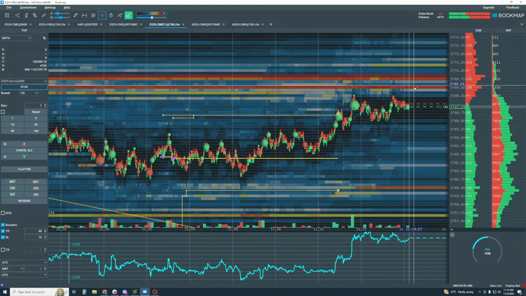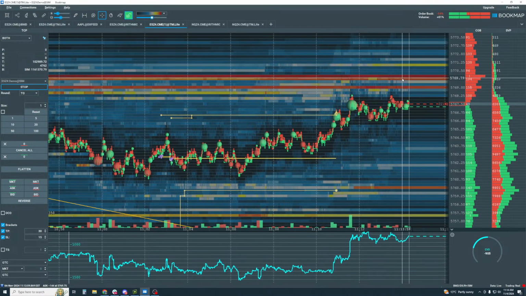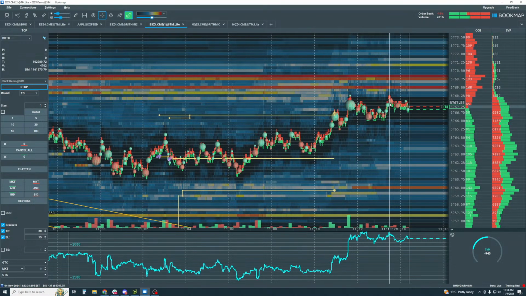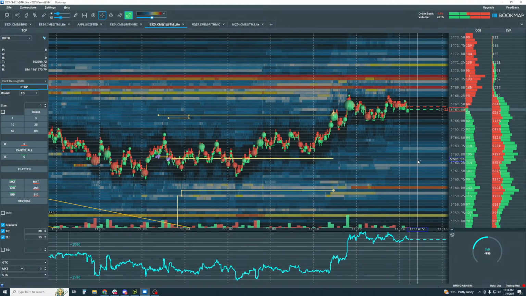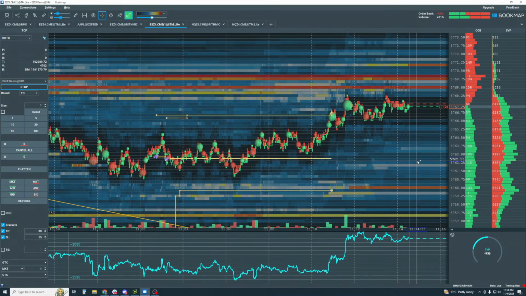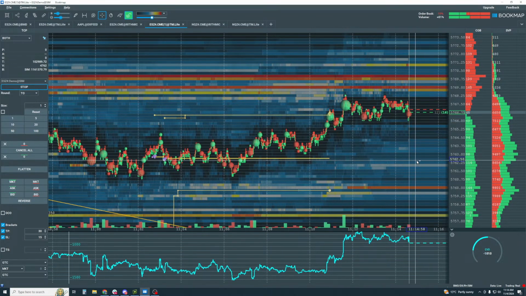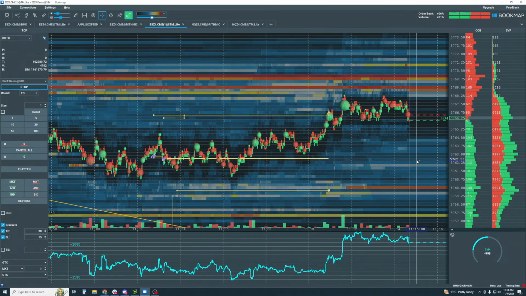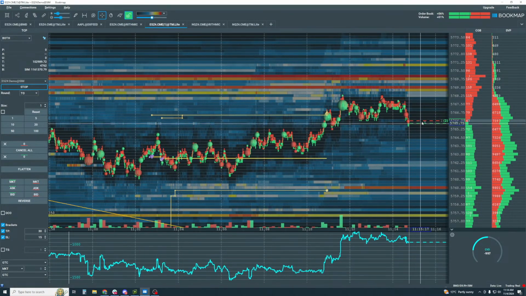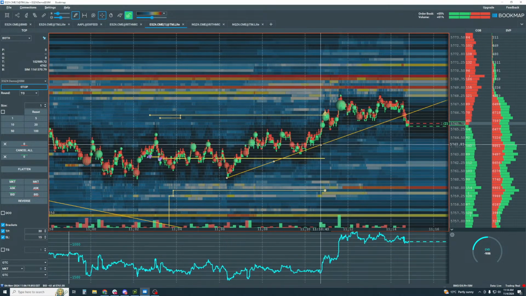It may come back up and trade into these levels, but these guys are not pulling their liquidity out of the market, and I'm not seeing a whole bunch of buyers up here right now. Here we can look at another structural level starting to break.